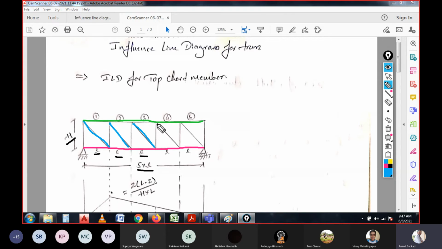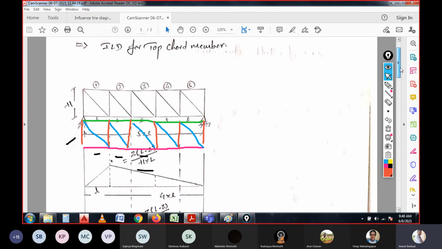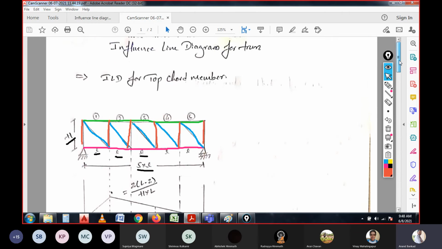Again we have another one which is the vertical member, these ones. So whatever members I am showing with color codes, those members will be asked to calculate the stresses. These are the members that we can expect in the truss.